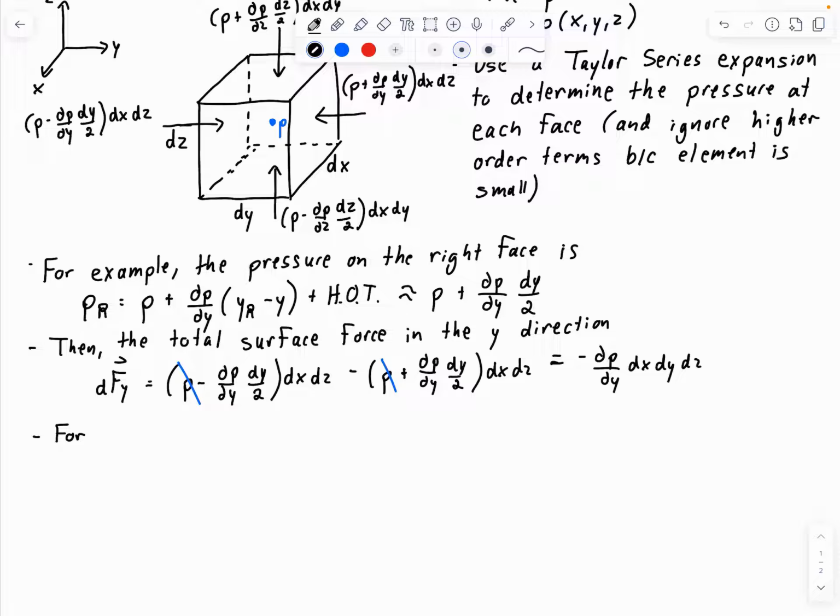And we can do something similar for the X and Z directions. So for the X and Z directions, the surface forces are dFx. These are vectors here. That's why we have the arrow on top.